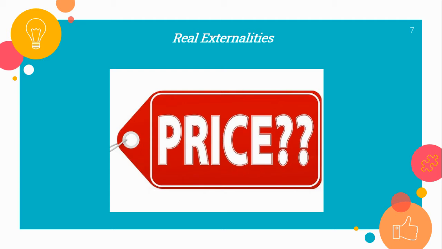Similarly, with a positive externality, buyers and sellers of a product in the marketplace do not consider the fact that their production or consumption of the item benefits third parties.